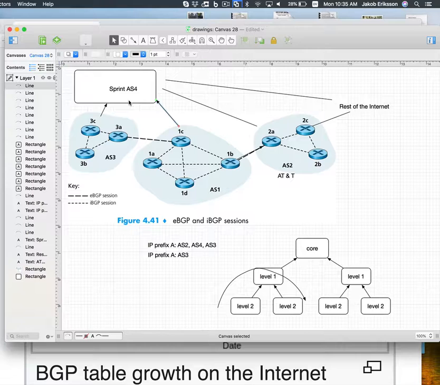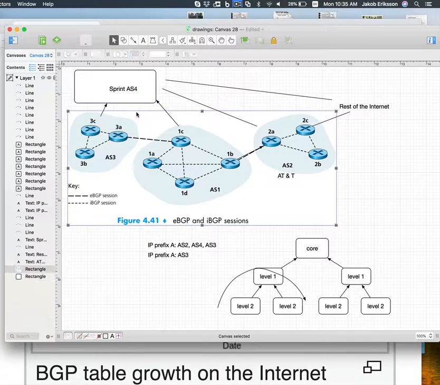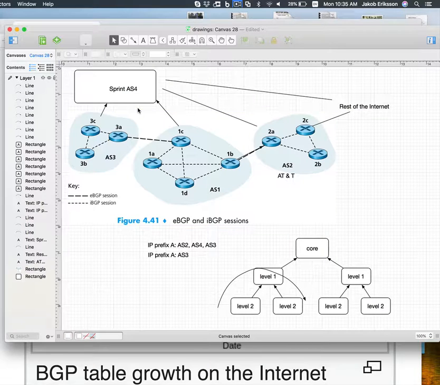Okay, so how can we express this? There's something called communities in BGP. It's a weird term. But basically, let's think of it as tags. I think tags are somewhat well understood. So you can tag a route with some identifier.